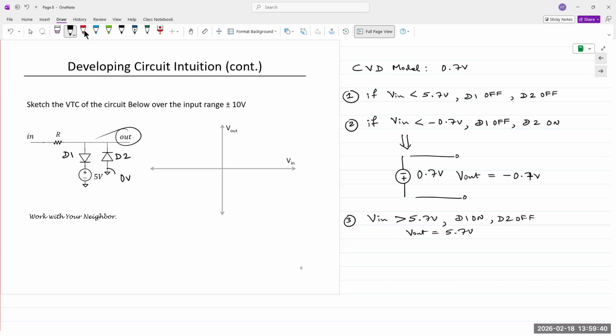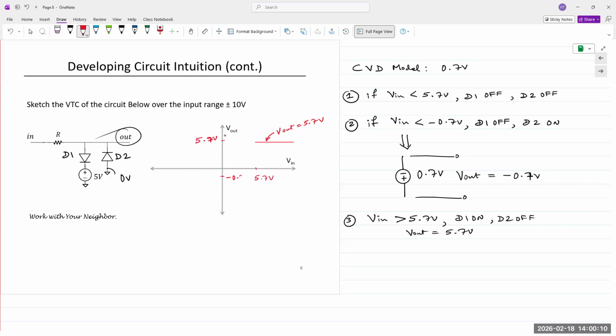We're not going to get to the next example today, so we'll slow down. All right, a line at 45 degrees. Let's say 5.7 here, 5.7 here. This is V out equal to 5.7. And this is not to scale.